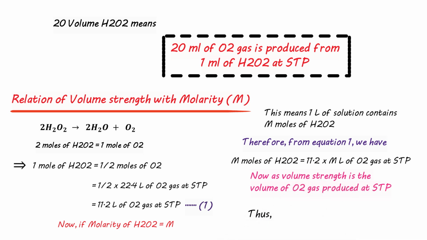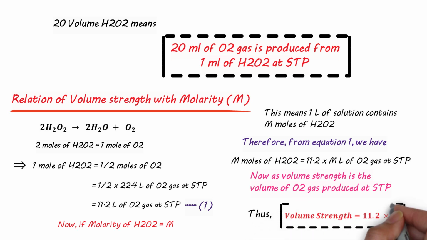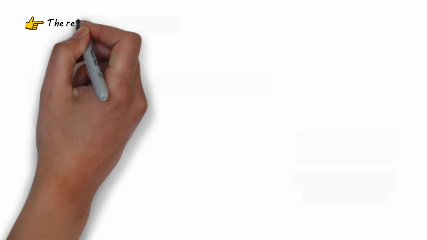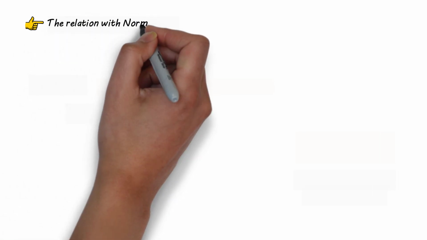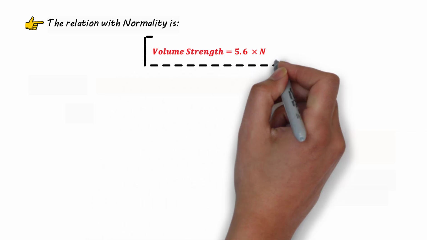Therefore, volume strength will be equal to 11.2 into m, and m is the molarity. This is the relation of volume strength with molarity of the solution. In the same way, the relation of volume strength with normality is given by volume strength is equal to 5.6 into n, and n is the normality of solution.